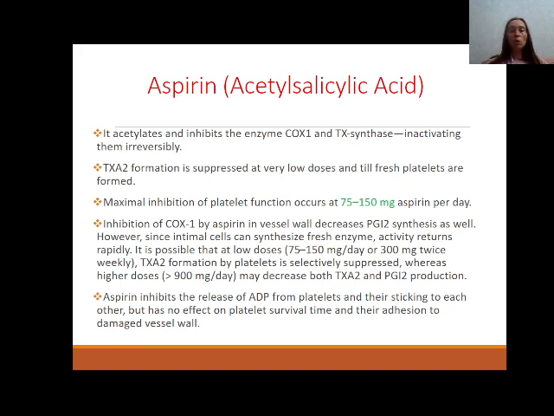At low doses, 75-150 mg per day or 300 mg twice weekly, thromboxane A2 formation by platelets is selectively suppressed, whereas a high dose, more than 900 mg a day, may decrease both thromboxane A2 and prostaglandin I2 production. Aspirin inhibits the release of ADP from platelets so they stick to each other, but has no effect on platelet survival time and their adhesion to damaged vessel wall.